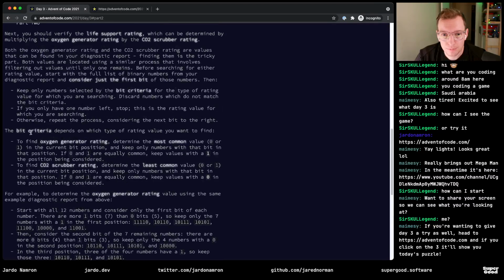Okay. Determine the most common value, current bit position, and keep only numbers with that bit in that position. Keep values with a 1. Oh.